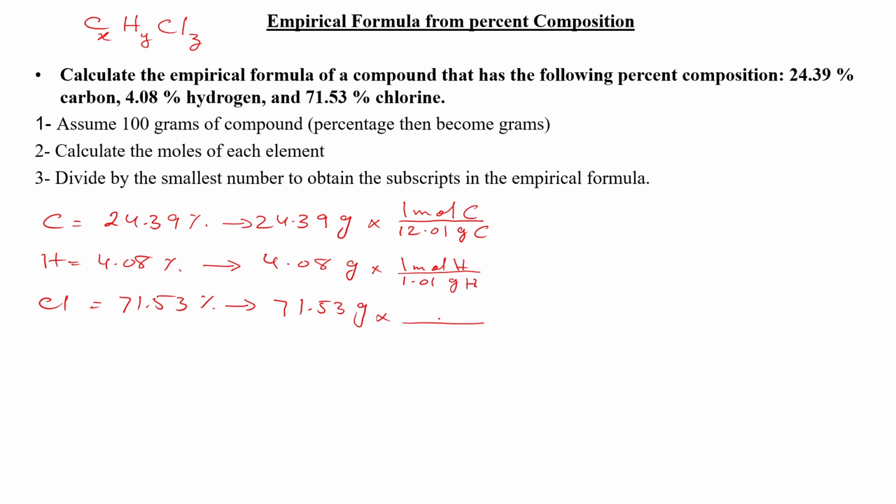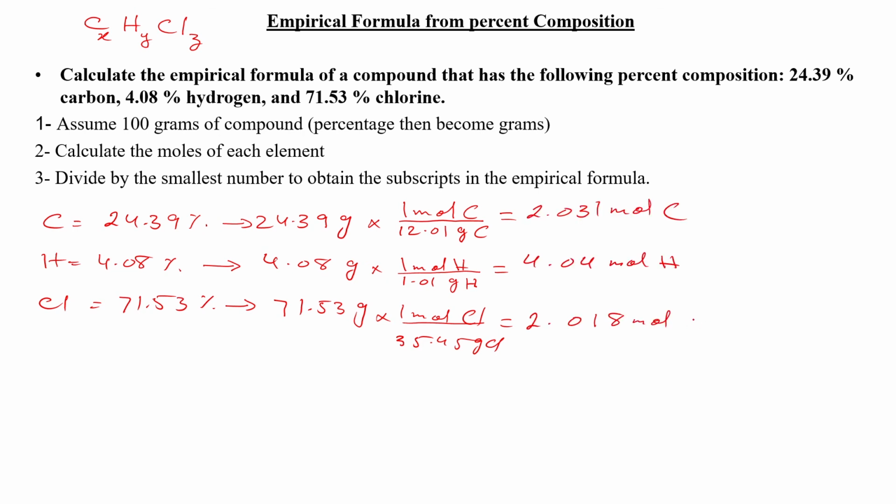For chlorine, you will do 1 mole of chlorine is 35.45 grams of chlorine. And when you divide by these numbers, you will get moles of carbon, hydrogen, and chlorine. Okay, so here we have moles of carbon, hydrogen, and chlorine.